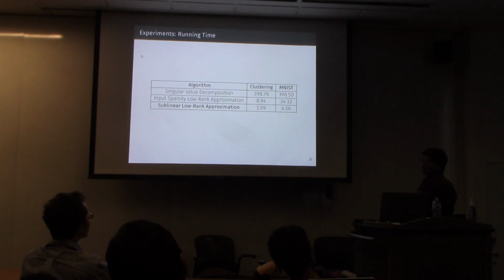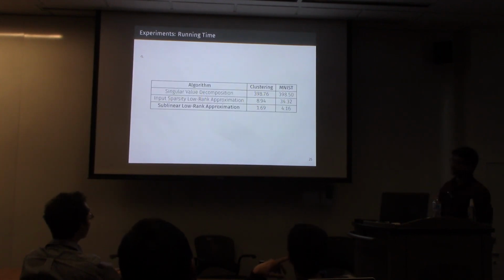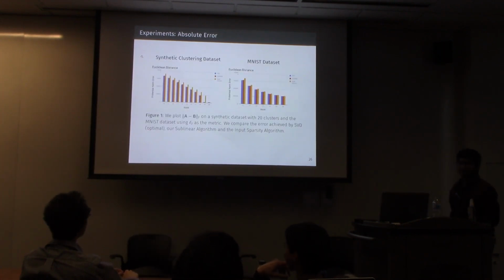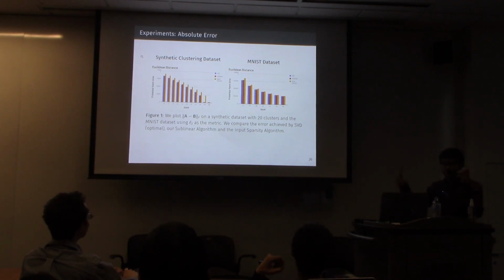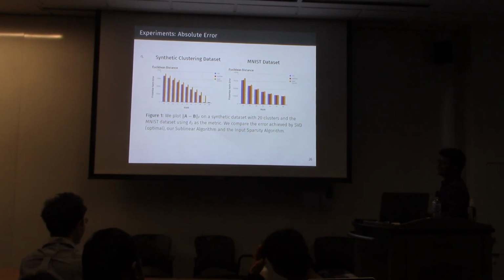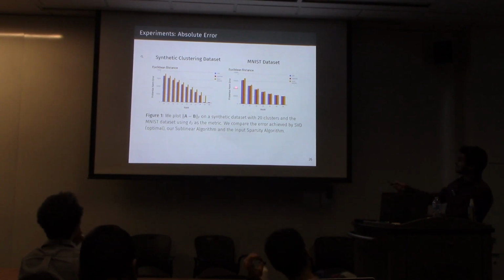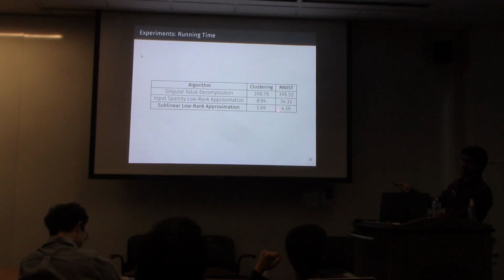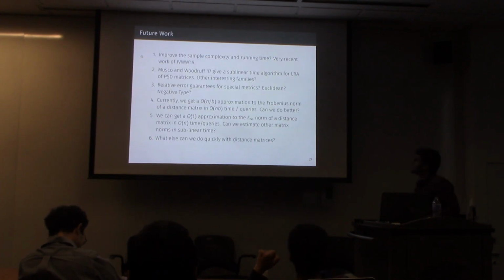Yeah, so this is for Euclidean distance. Euclidean distance between two pictures. It could be whatever, right? I can still compute the Euclidean distance. The point is, if you're computing SVD, you might as well just run this algorithm, and it's a lot faster. And by a lot, I mean a lot.